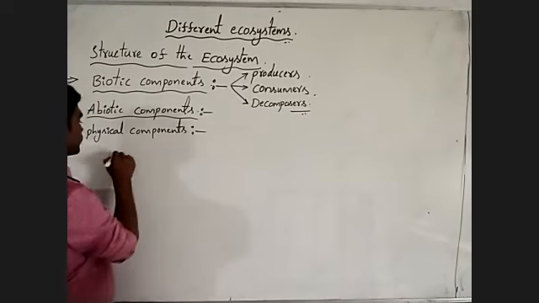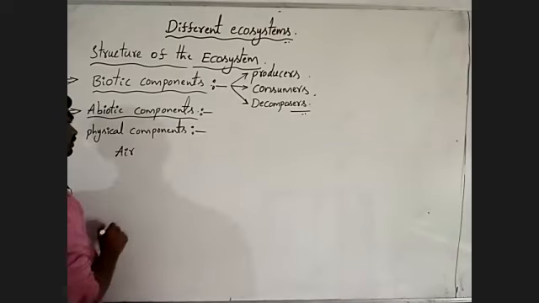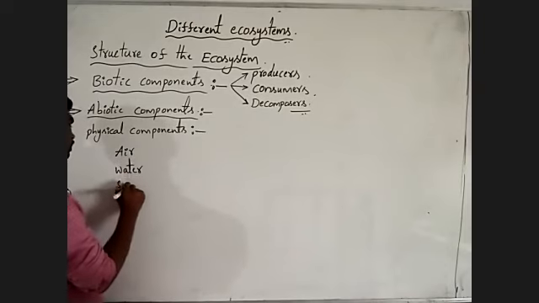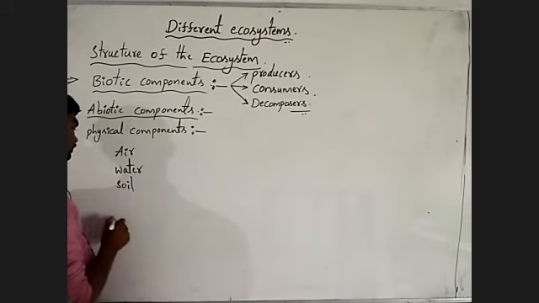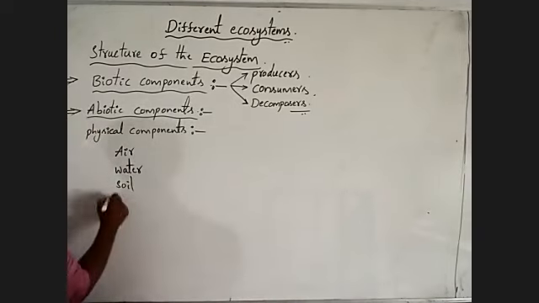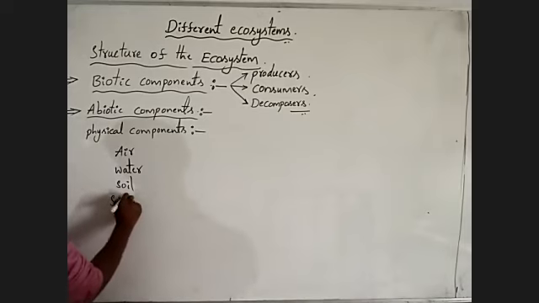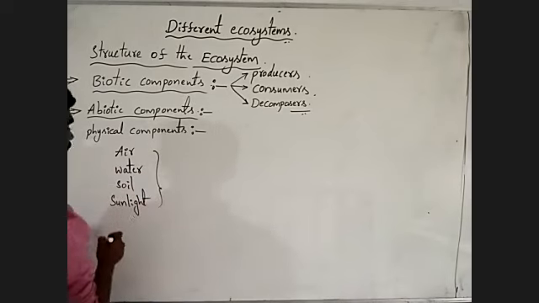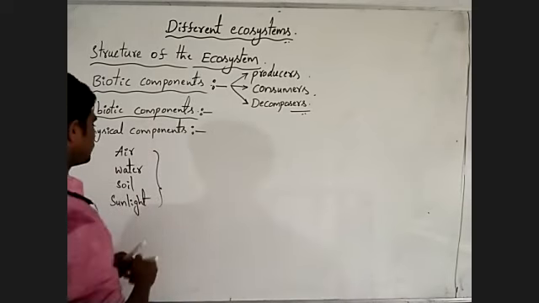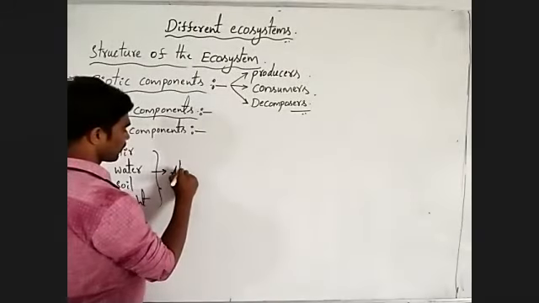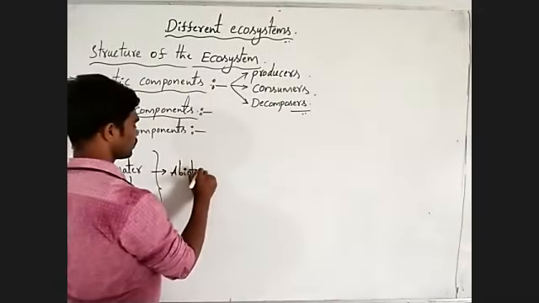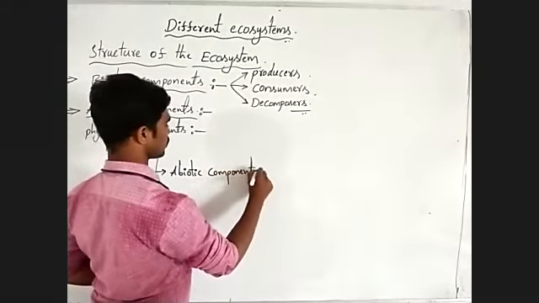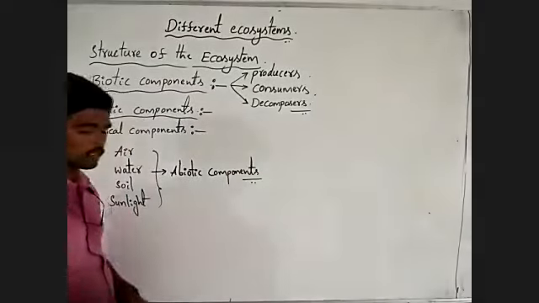Examples are air, water, soil, sunlight. These are the main important abiotic components.